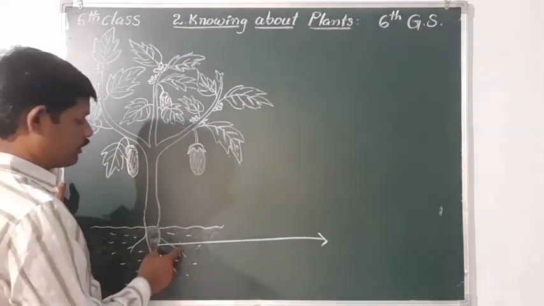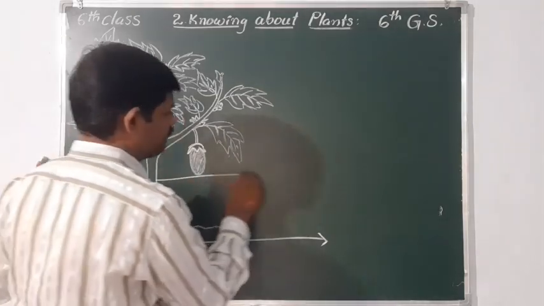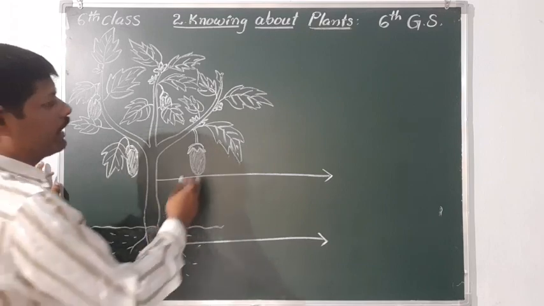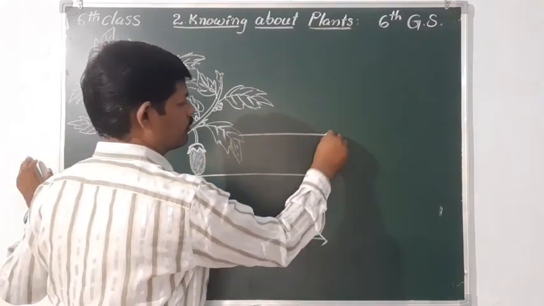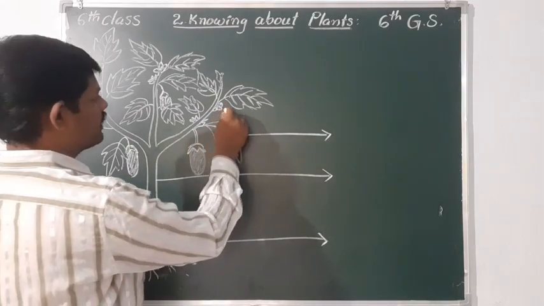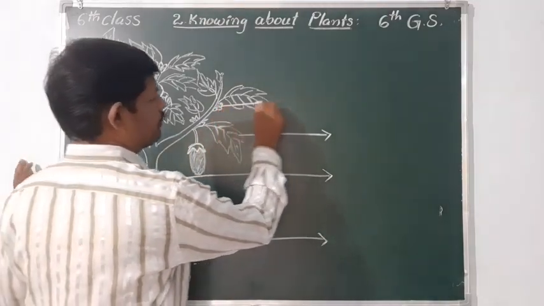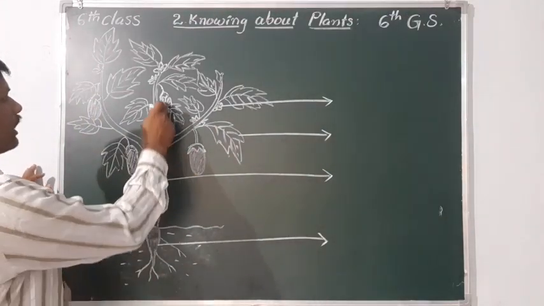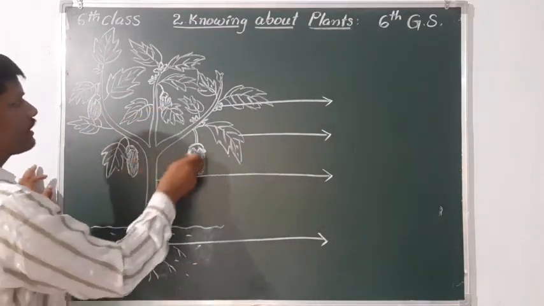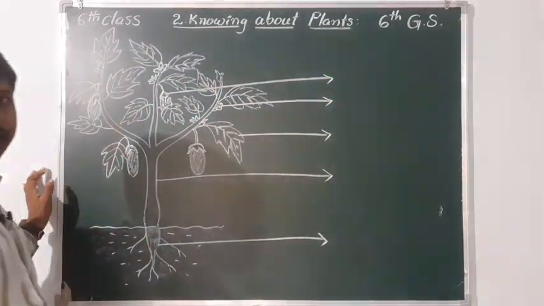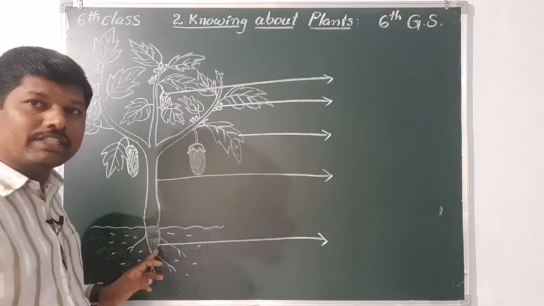Identify what is this, and this, and this. So now first one, what is this one?